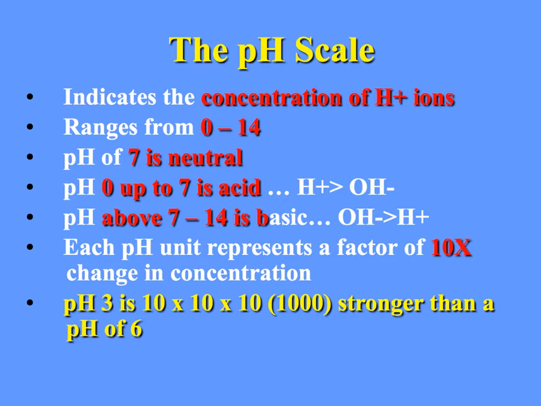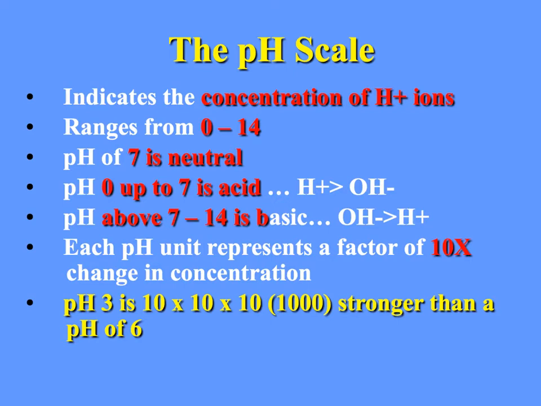The pH scale, you should know, is a logarithmic scale. That means if you go from a pH of 2 to a pH of 3, then a pH of 2 is 10 times stronger than a pH of 3.